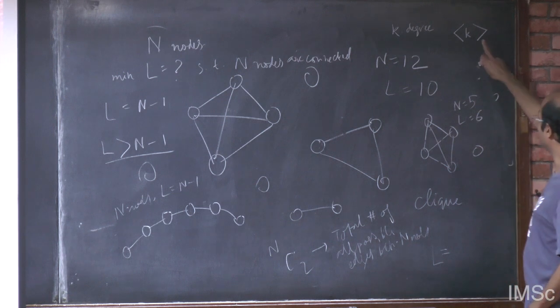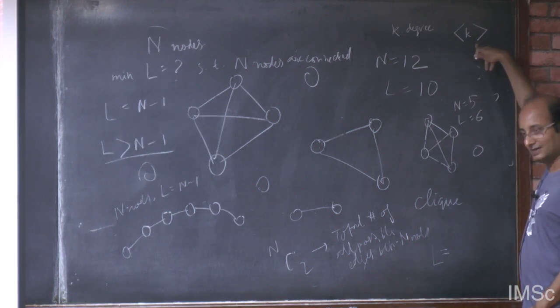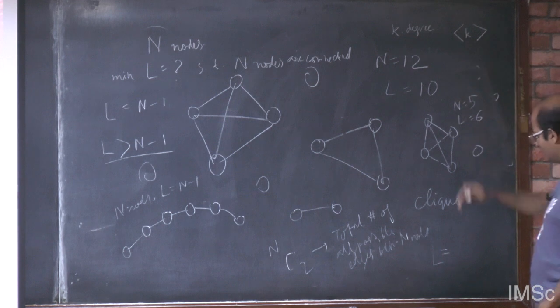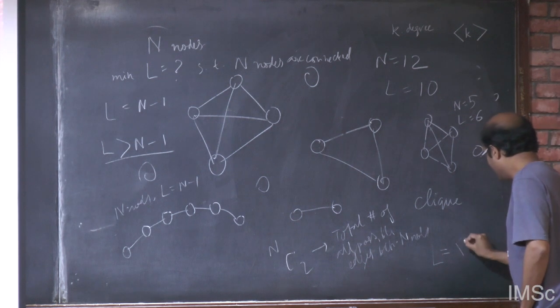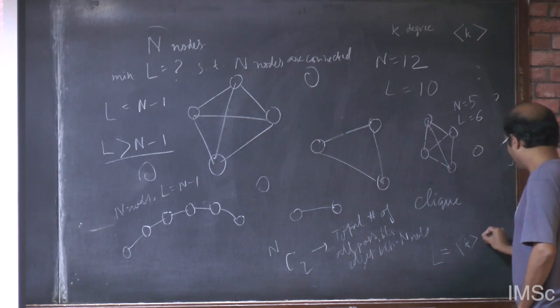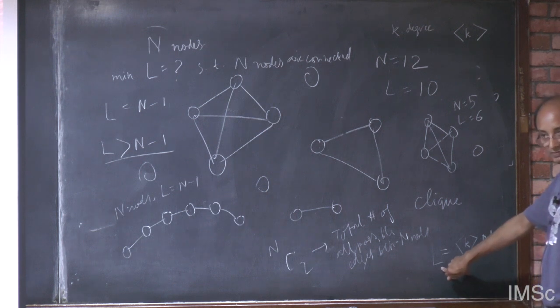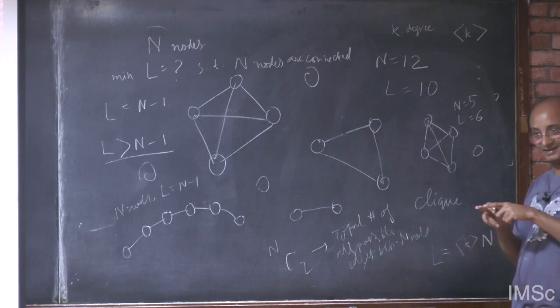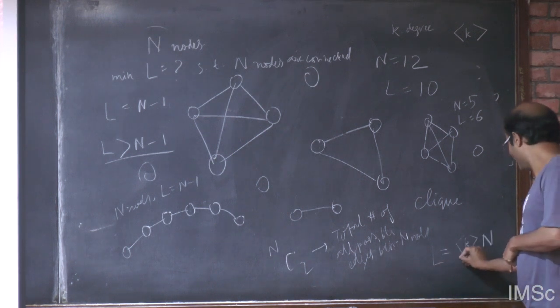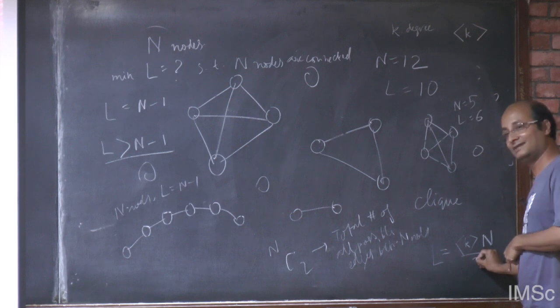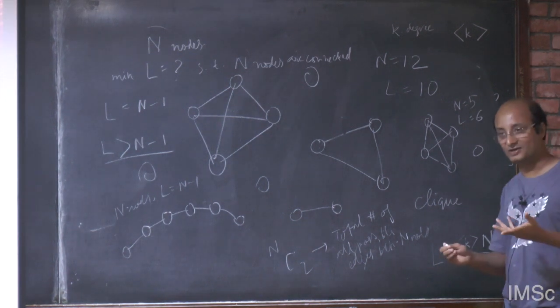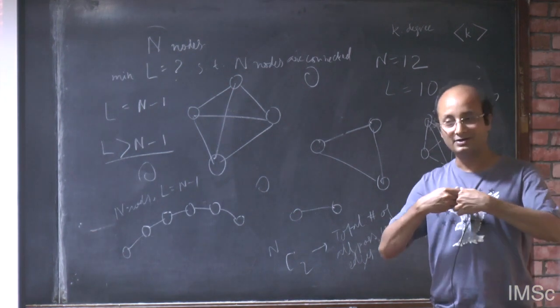So suppose you're given the mean degree. One way we can think about it is that the mean degree multiplied by the total number of nodes gives me an estimate of the total number of edges in the graph. But remember, you have to now divide this by a factor of 2, simply because you're counting the average.